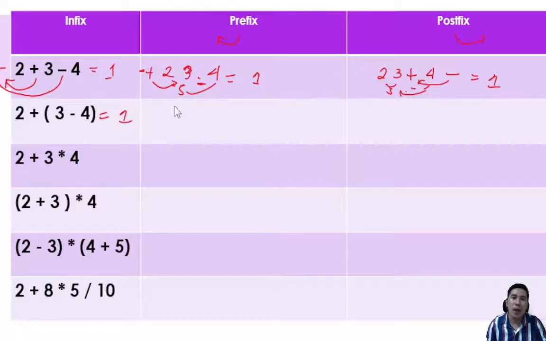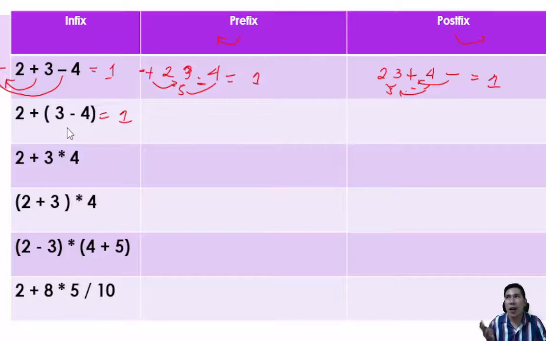So it's still the same result, because mathematically, even if you use parentheses for this, 2 plus 3 minus 4, it doesn't change the fact that it will be evaluated as 1, because again they are of the same precedence, addition and subtraction.